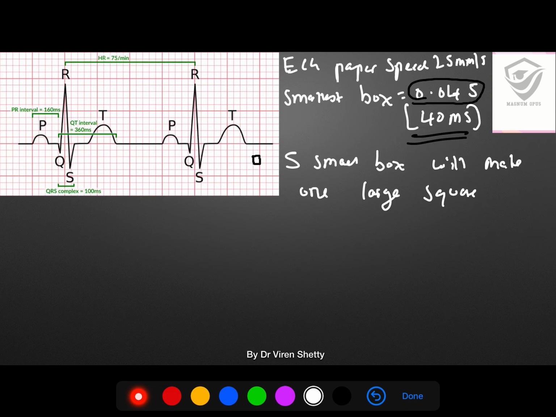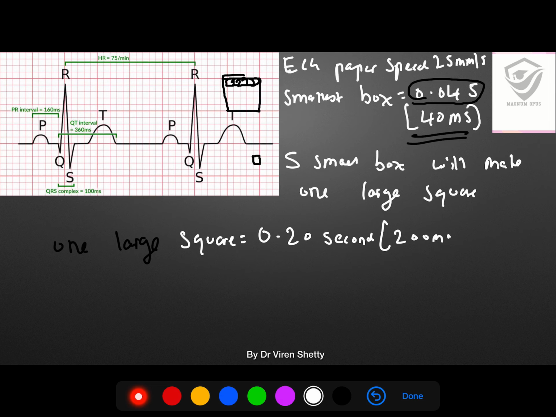So if 5 small boxes, 1, 2, 3, 4, 5, are making 1 large square, then 1 large square will be equal to 0.04 plus 0.04 plus 0.04 plus 0.04 plus 0.04, that is 0.20 second or 200 millisecond.